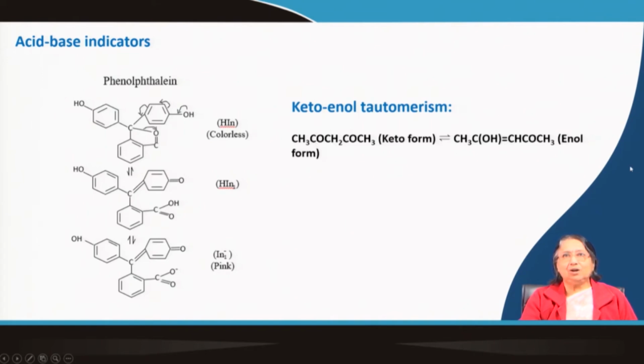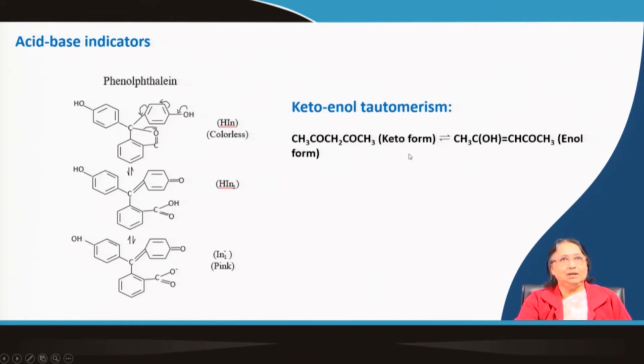That is why it is called enol. Enol means 'en' and 'ol'. 'En' means double bond, and 'ol' means alcohol. So, in this form there are both the double bond and the OH group, that is why it is called enol, and this is the keto. So, this form is the tautomer of this, and this is called keto enol tautomerism, keto enol tautomer, a keto form and an enol form.